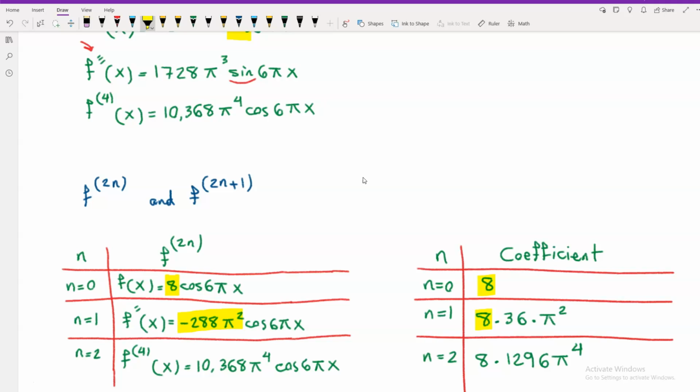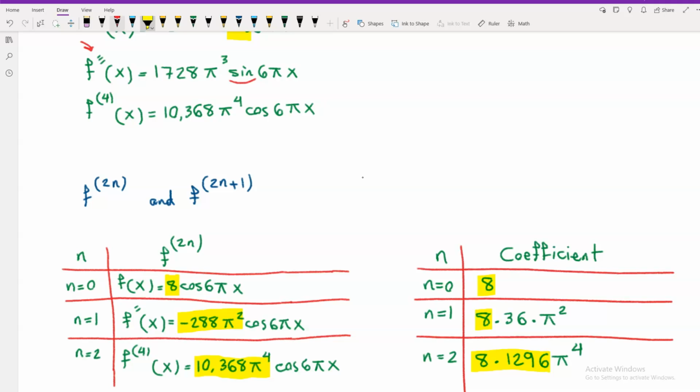So 8 times 36 is equal to 288. And then here we have 10,368 pi to the 4th power. So that is 8 times 1,296 pi to the 4th power. So 8 times 1,296 is equal to 10,368.